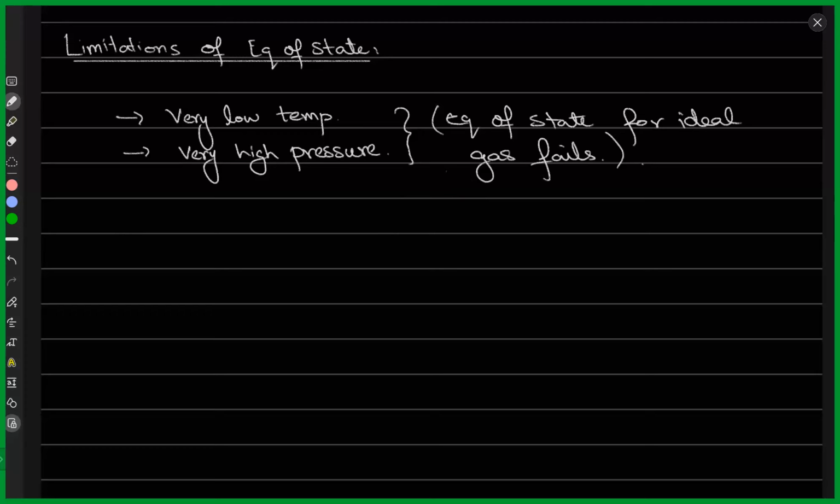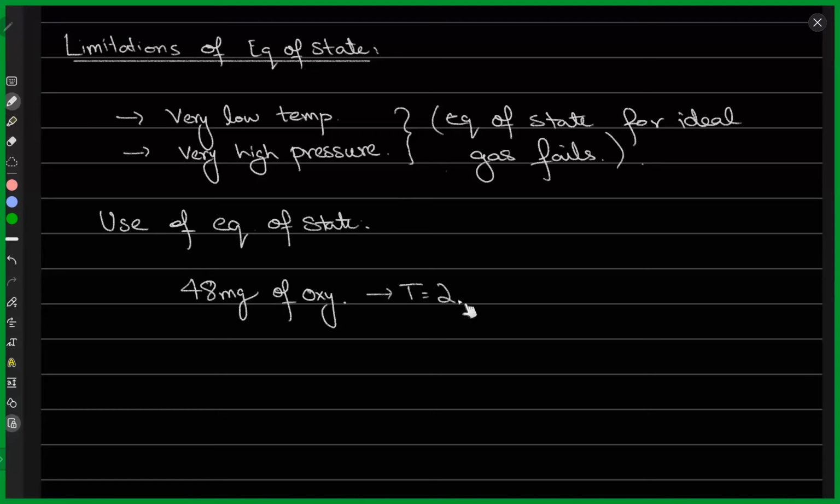But anyway, let's see how I can use the equation of state. It's a very simple and basic example that I'll give you. Suppose that you have 48 milligrams of oxygen, and it is maintained at a temperature of 20 degrees Celsius.